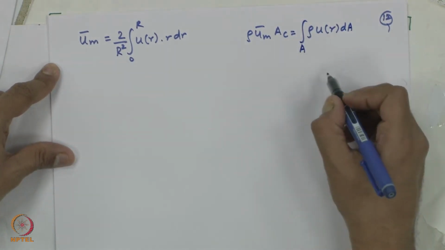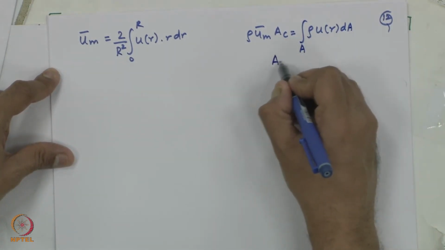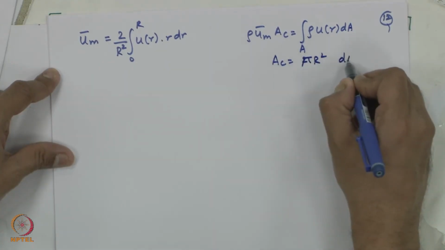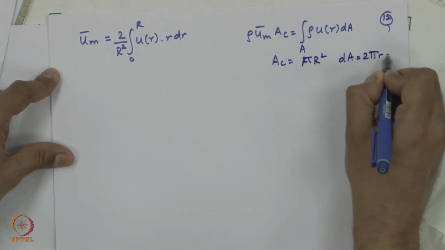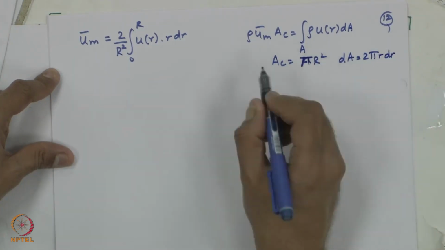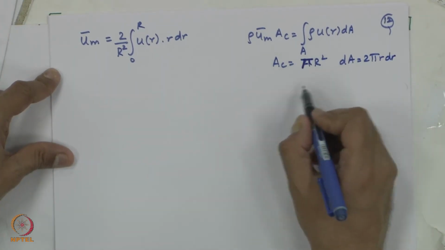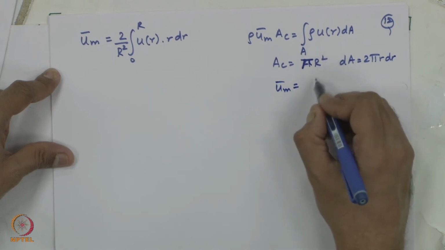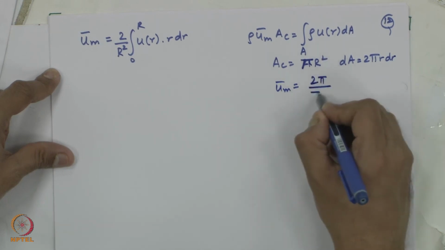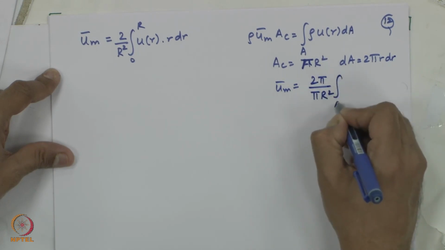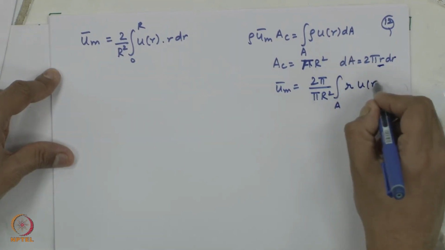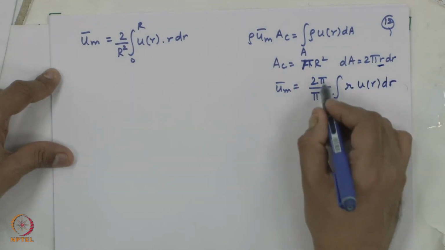Cancel the rho because incompressible, and for a circular pipe A cross section is equal to pi R squared and dA is equal to 2 pi r dr. So, when I put this and segregate the terms, you get u m bar is equal to 2 pi by pi R squared integral over the area, r remains, u of r dr, that is what it is.